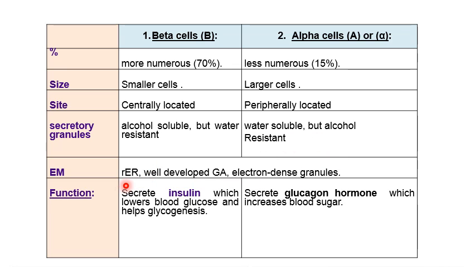Both cells by electron microscope have RER, well developed Golgi apparatus, and electron dense granules, because they are active secreting cells. Beta cells secrete insulin, which lowers blood glucose and helps glycogenesis, while alpha cells secrete glucagon hormone, which increases the blood sugar level.